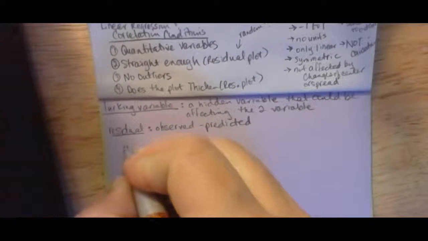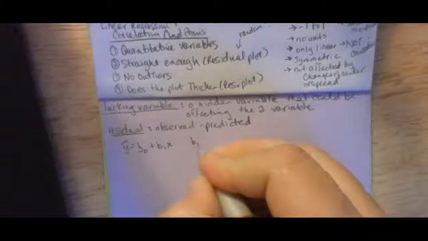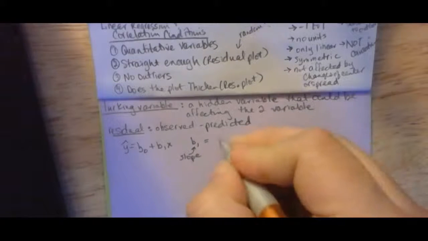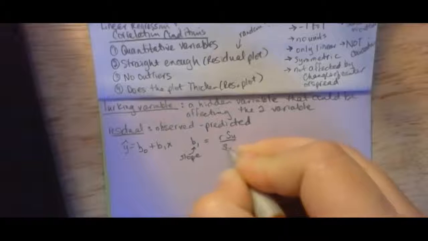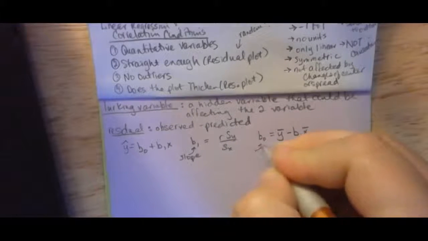And then we had some equations which you actually have on the formula sheet. So y hat is equal to b sub 0 plus b sub 1x. B sub 1, which is your slope, was equal to r sy over sx. And then b sub 0 is y-bar minus b sub 1 x-bar, the means, and that's your y-intercept.